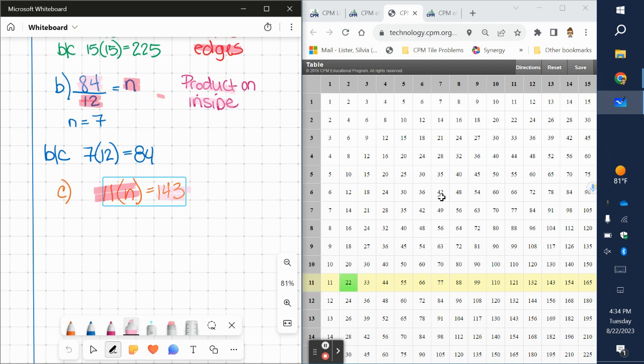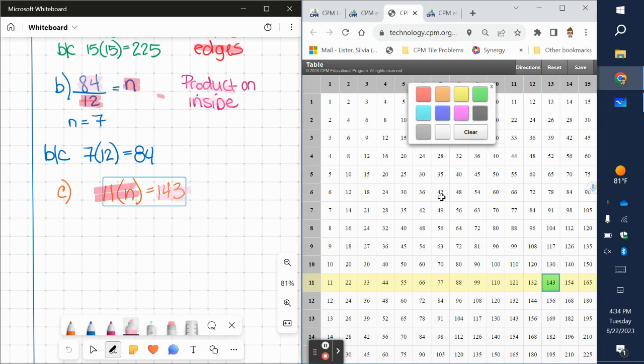Let's keep looking across, and there is my 143, highlighted in orange. Let's go up to the top and see if we can find its other factor. You've got 11 times 13 gives you 143.